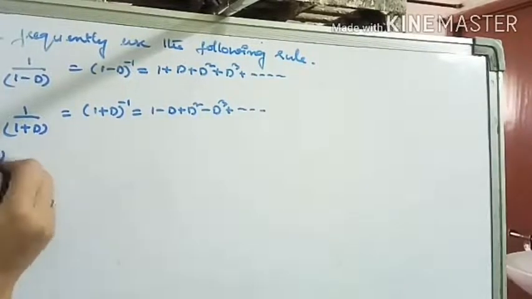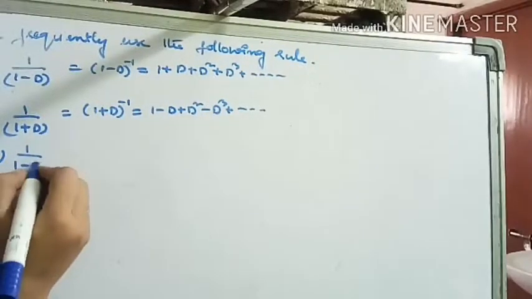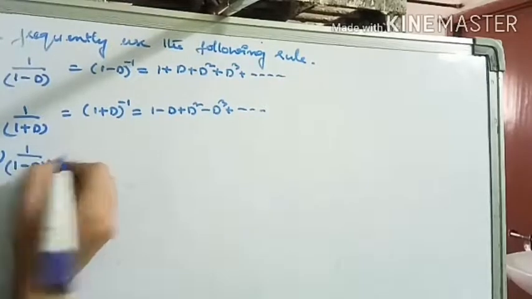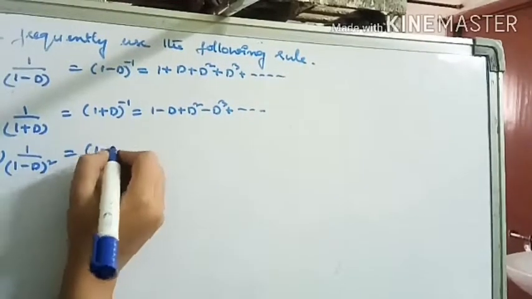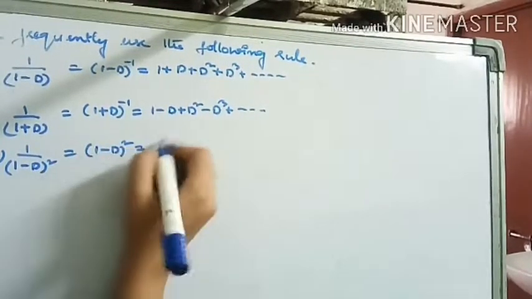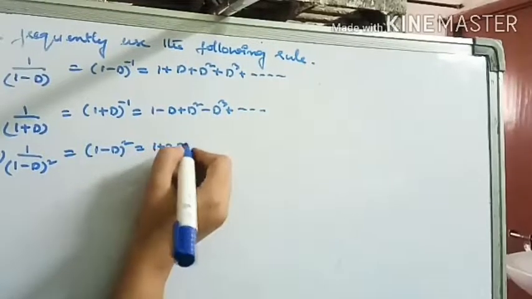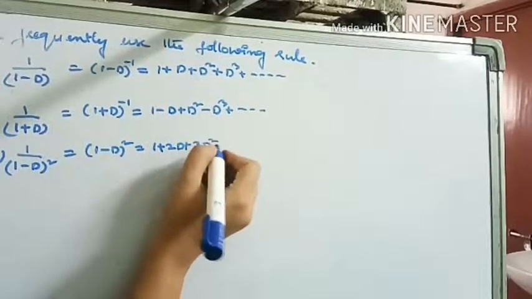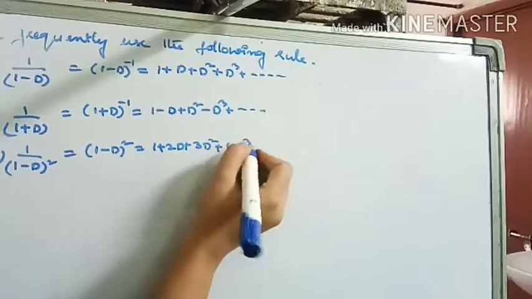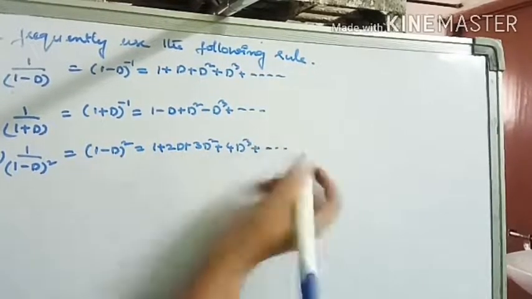The third one, 1 by 1 minus D whole square, equals 1 minus D to the power of minus 2, equals 1 plus 2D plus 3D square plus 4D cube, and so on.